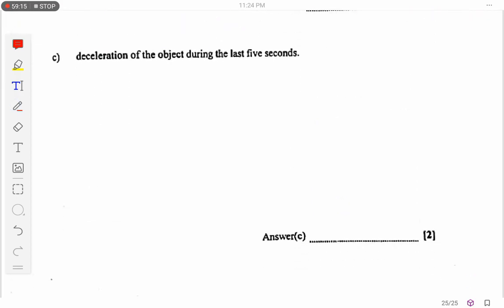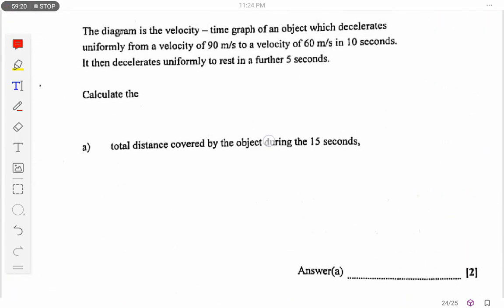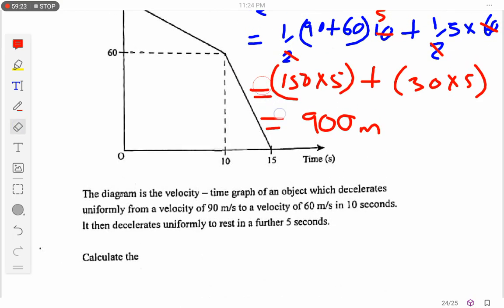Deceleration during the last 5 seconds. Let's go to the diagram. During the last 5 seconds, so we want it from here to there. So I have a point here, my x value is 15 and a 0 here, and here I've got 10 and a 60.